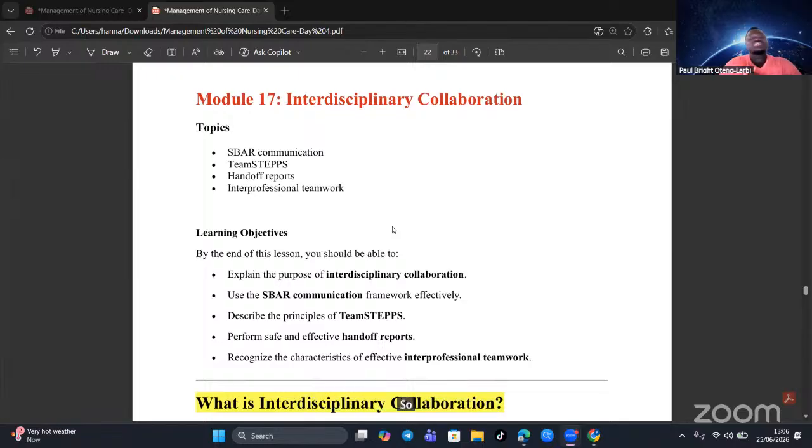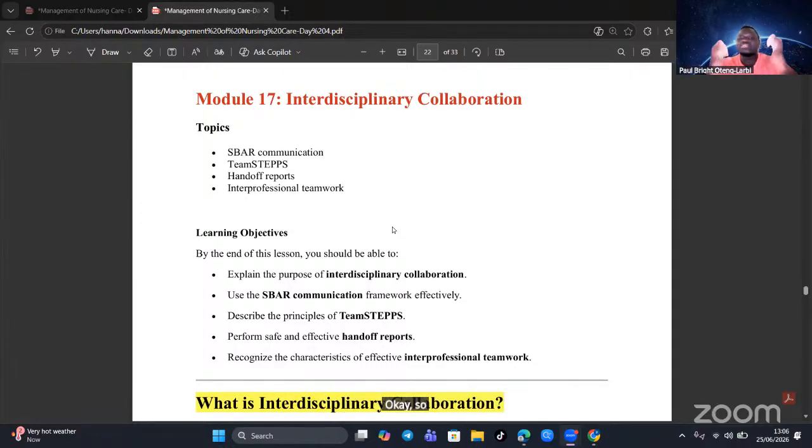In module 17, we are looking at interdisciplinary collaboration. That is, all the disciplines of healthcare workers: how we should talk among ourselves, how we should give reports, how we should work together, teamwork.